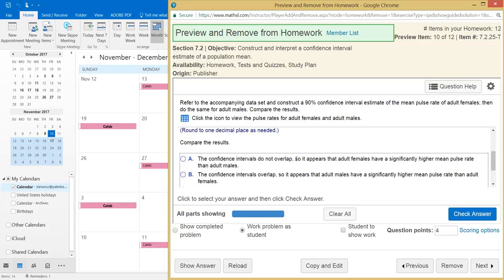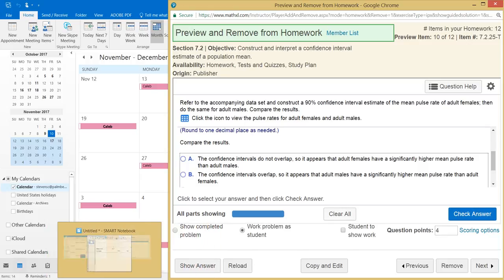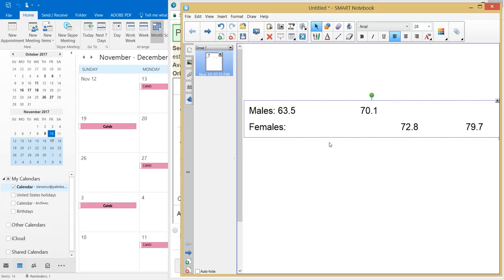And then it says, so it appears that adult females have a significantly higher mean pulse rate than adult males. All right, so let's look at that again. Let's look at the little visual here. Does that seem right?